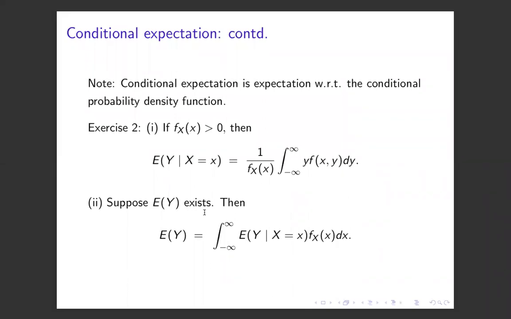And if you integrate first with respect to x, you get this object. So if you integrate this with respect to x, and of course with respect to that marginal density, what you would get is the expectation of y, provided the expectation of y is well defined.